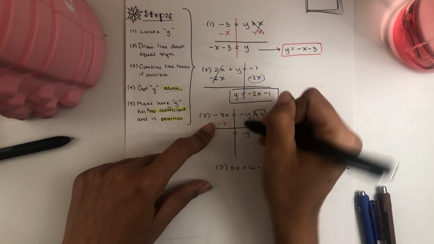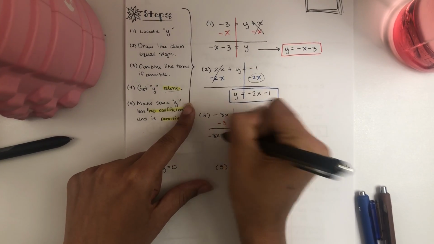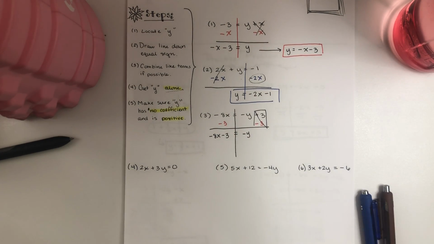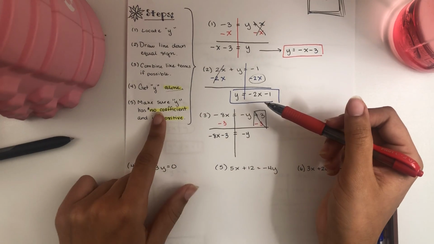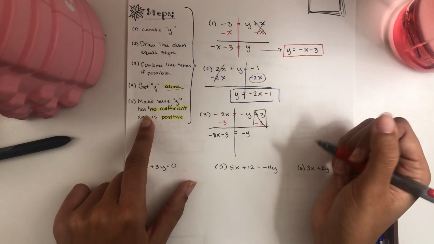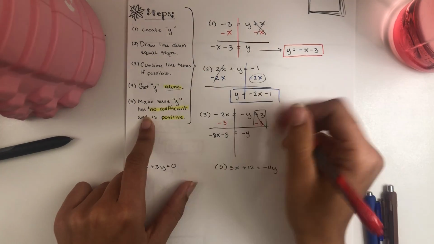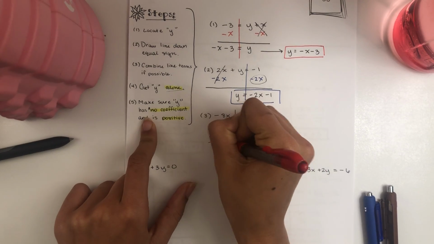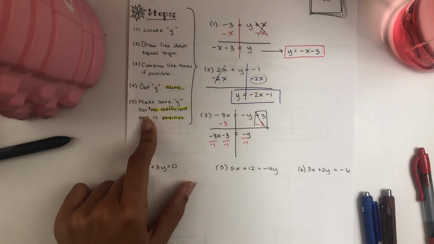I have a -y left. And then over here, I have a -8x and a -3. They're both still negative. Now, I did get y by itself, but there can't be a coefficient and y has to be positive. Right now, y is negative. So if I want to make y positive, I'm going to divide each term by -1.